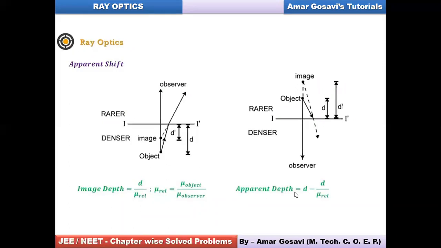So apparent depth, what is apparent depth then? D minus D dash would be the apparent depth. So D minus image depth, that is D upon mu relative.